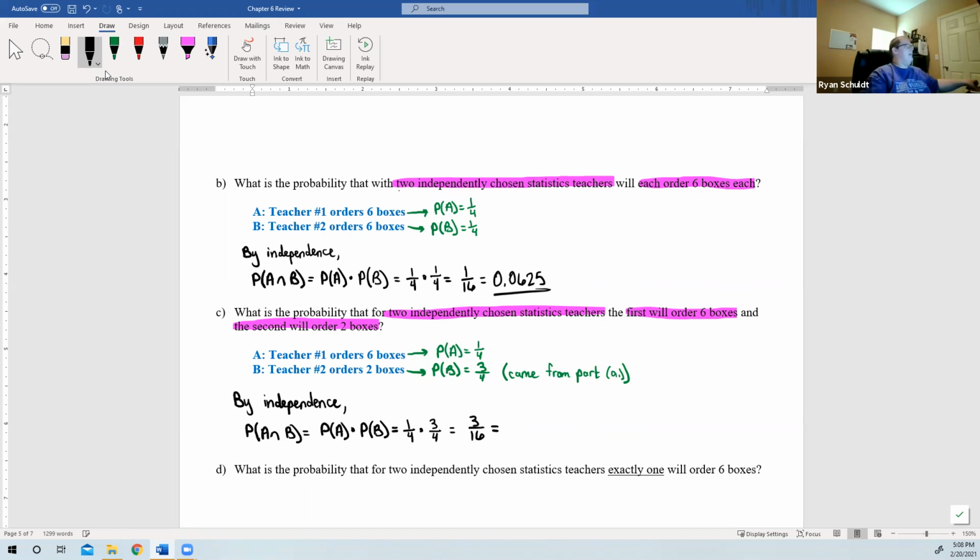Or again, as a decimal, it's going to be 0.1875. Notice I said by independence, we can multiply them like that. If they weren't independent, we'd have to come up with a different solution. But they're independent. So we are Gucci as a gumdrop.